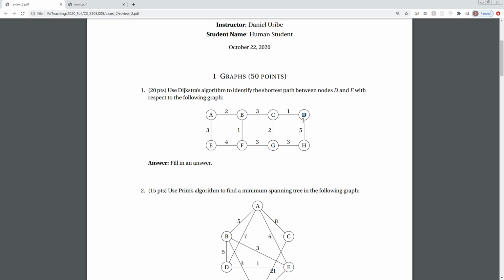So, okay. So we have some start node, some source node, and then we consider its adjacent vertices.